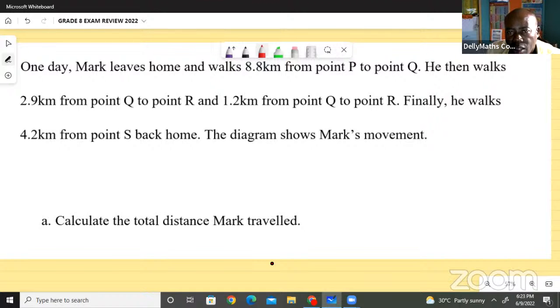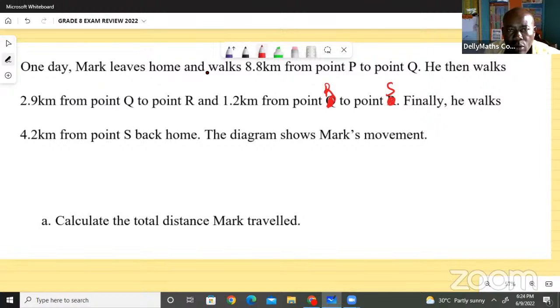This is R to S, okay? And then finally, he walks 4.2 from S back home. Very good. So let me set up this for us.